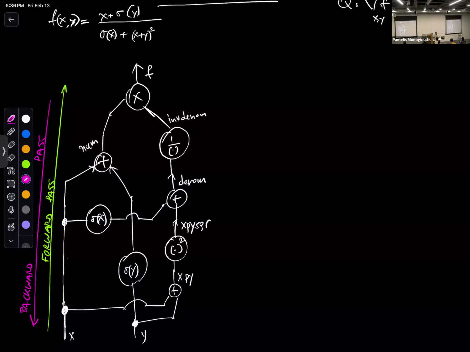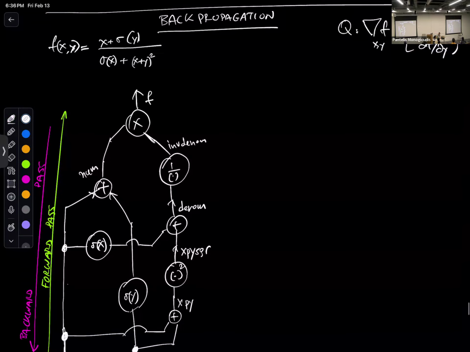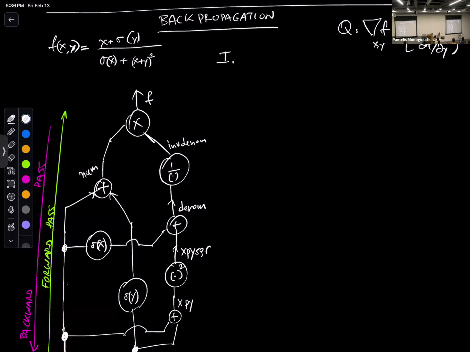So I'm going to start writing down now what each pass is doing, and I will support it with the necessary equations. The first pass is the forward pass. Okay, first equation.